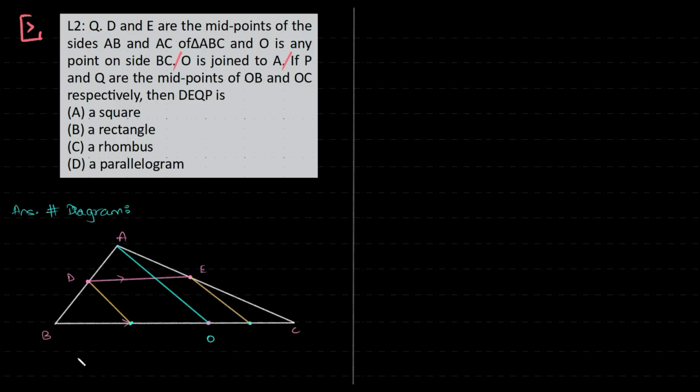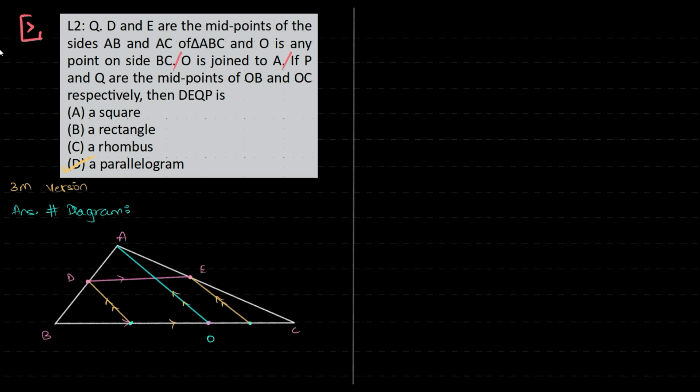So what do we end up with? This is clearly a parallelogram. Okay, we can conclude the answer, it's a parallelogram. But how do you represent it as a 2-marker version or 3-marker version is something that I'll show now. How to write this answer.